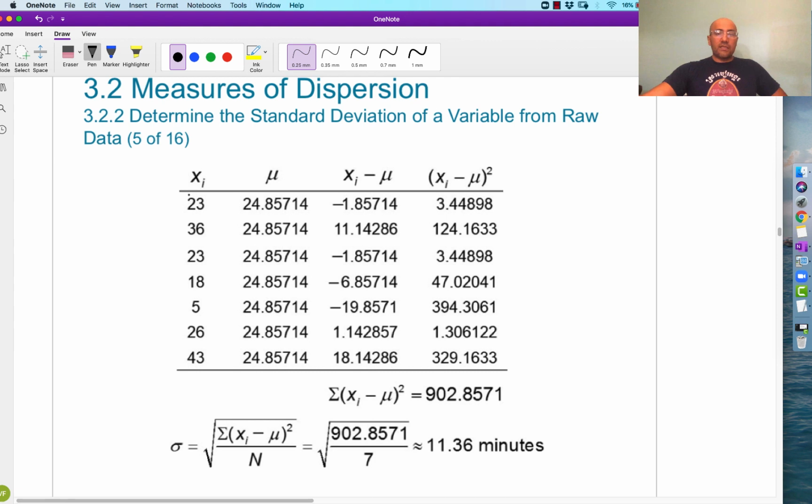We can make this list 1, make this list 2, which is just the mean, and then we can make L3 equal to L1 minus L2. And then that'll be the difference from each one of these. And then finally, we can make L4 equal to L3 squared.